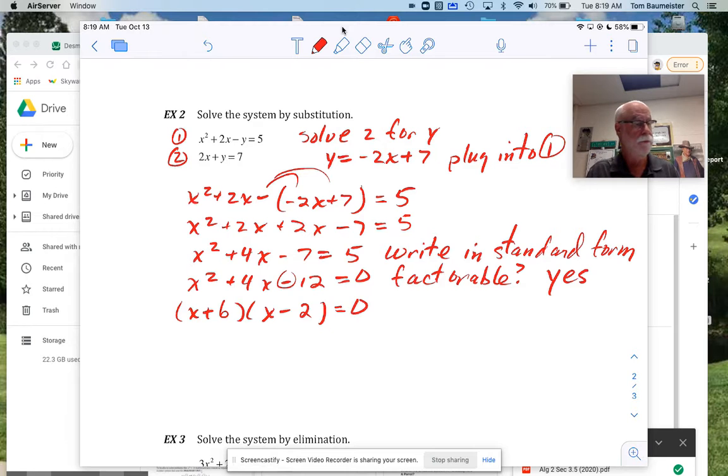That is equal to 0. Again, by the zero product property, we'll get x is equal to -6 or x is equal to 2. So now you're going to solve for y by plugging into either equation.